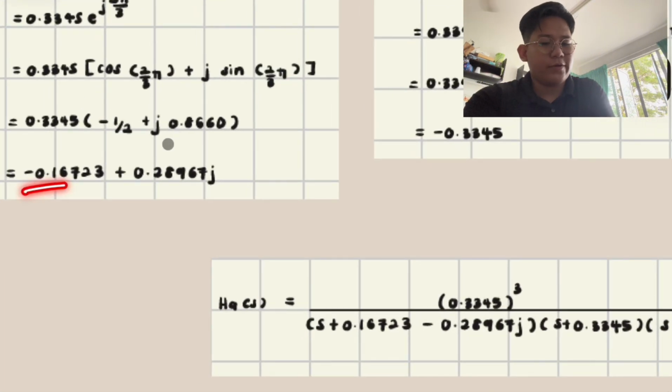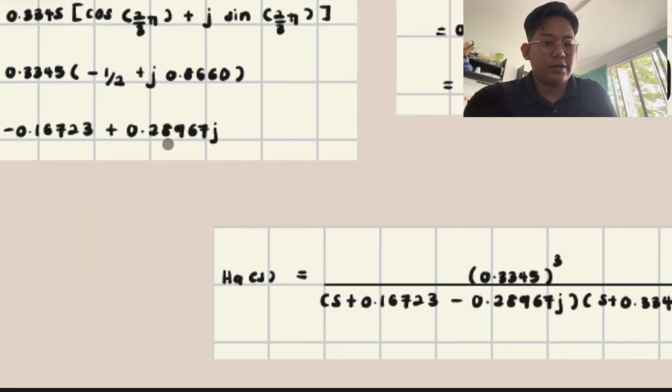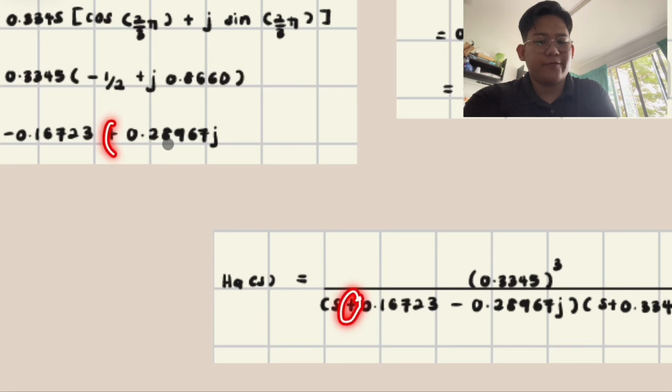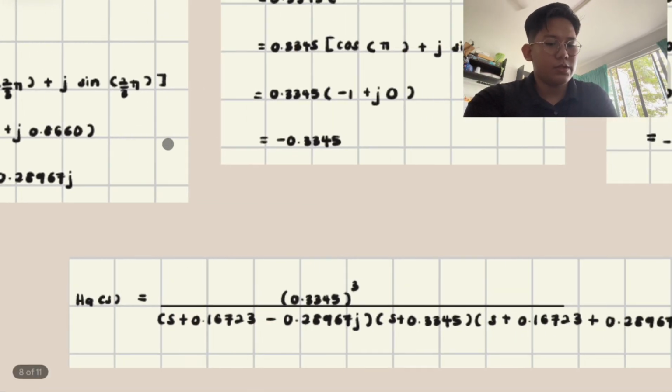So the negative values times with negative become positive, and positive times with negative become negative. So this is the final answer for question number 3.